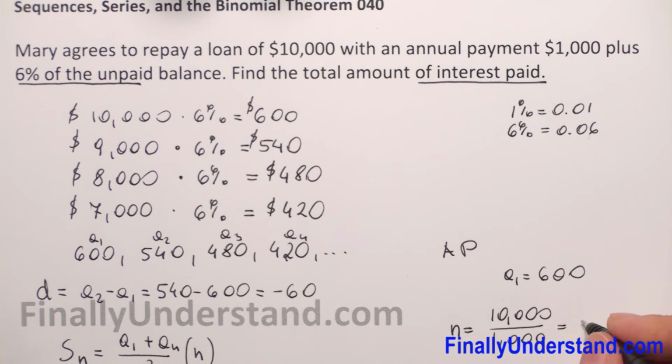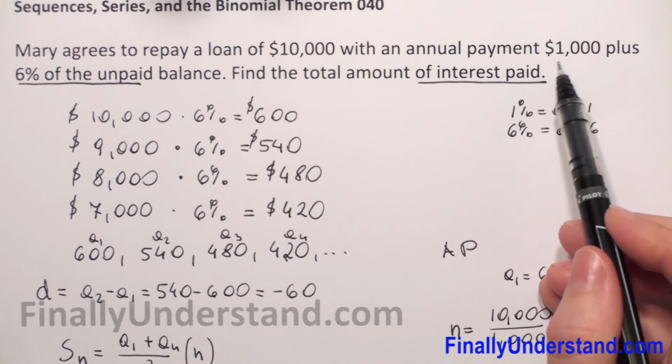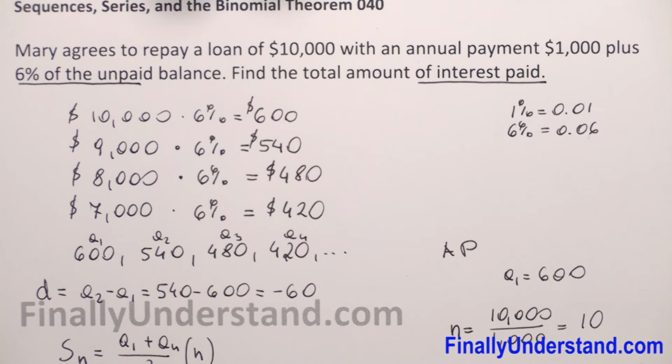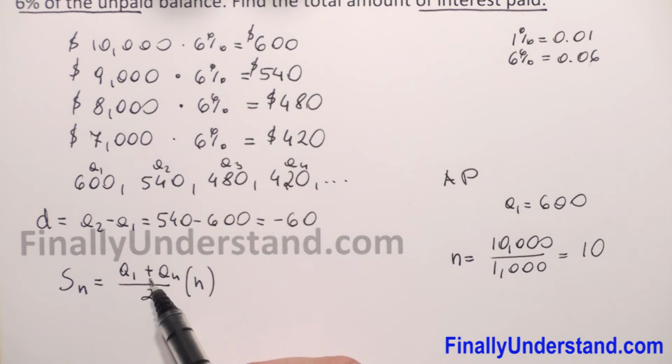So this is equal 10. So 10 times she will pay $1,000 plus interest. So we will have n terms. So we have n, we have first term. We need also the last term.